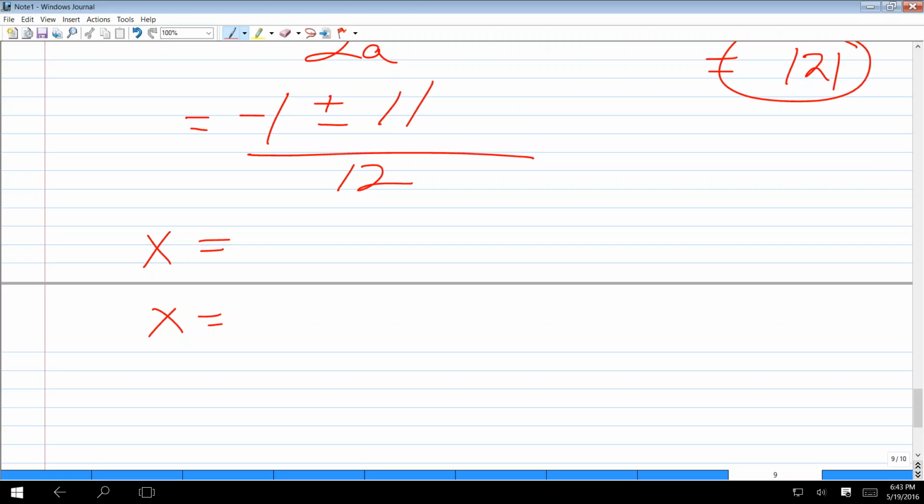Negative 1 plus 11 over 12, in other words, 10 over 12. Okay, so the first answer is 10 over 12. Right. Converts to 5 over 6. You never want to give that answer unreduced. What's the second answer? Negative 1. Yeah, and there's your 2 answers, solved by the quadratic.